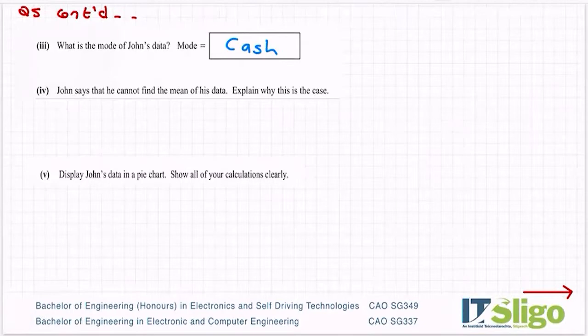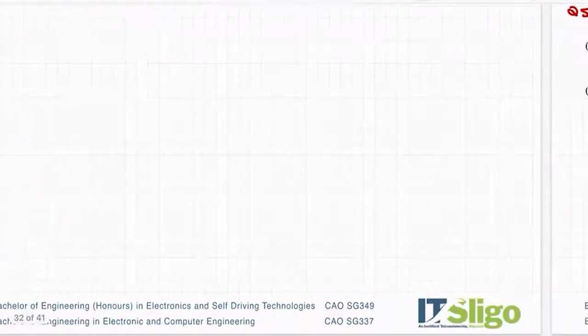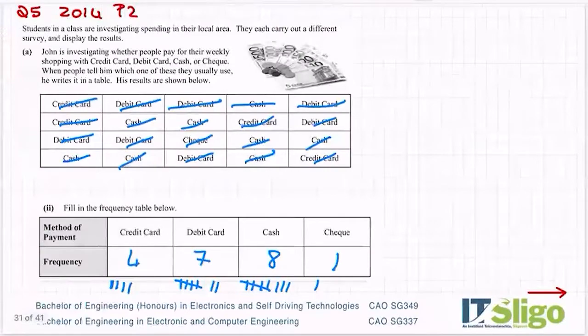John says that he cannot find the mean of his data. Explain why this is the case. So the mean is another word for average. So our 3 measures of centre are the mean, the mode, and of course the median is the 3rd one. So the mean is the average. As John is saying, he cannot find the mean of his data. Well, average, how do we get that?